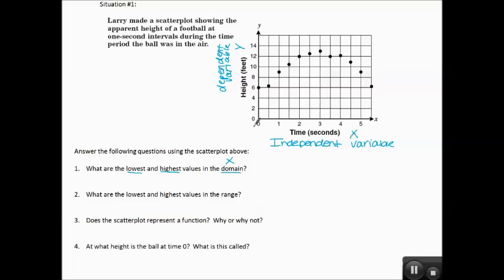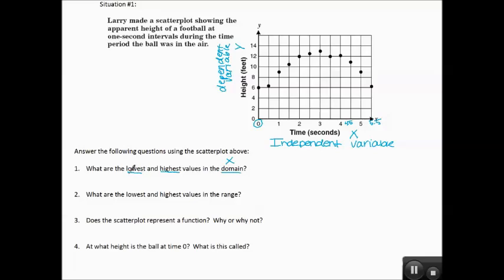We start at 0 seconds and we go over here. Now we see we have 4 and 5, so in between here would be about 4.5. So this point here would fall at 5.5.